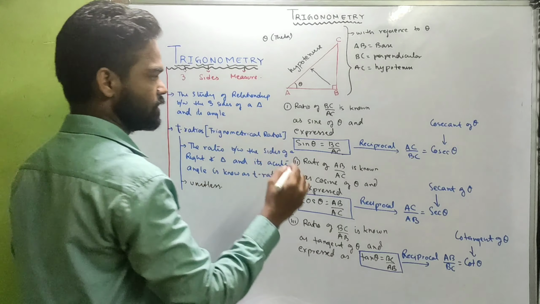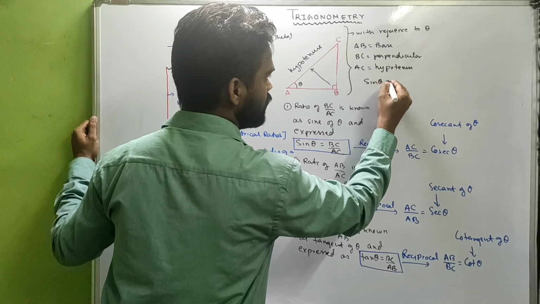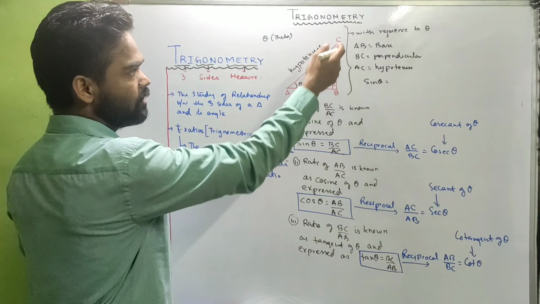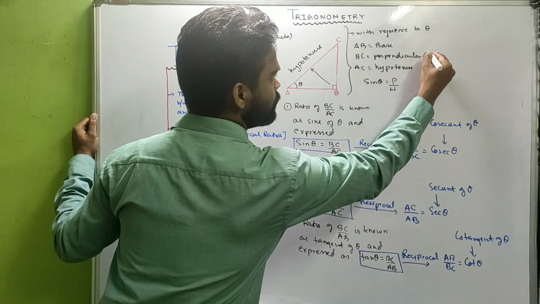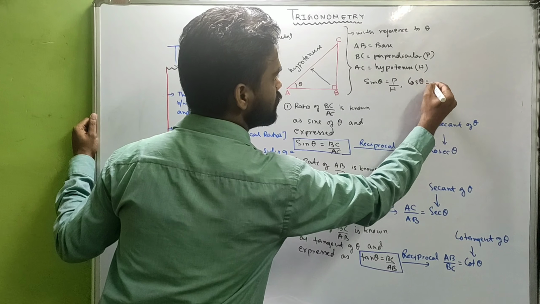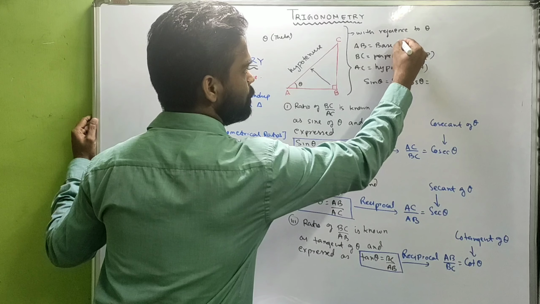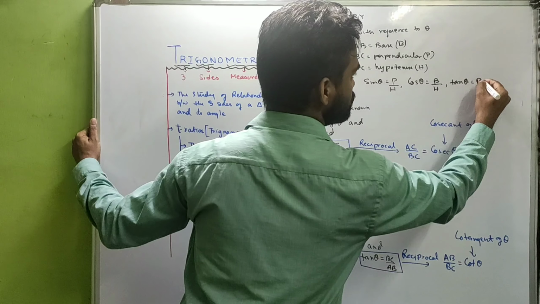Which means I can write, see, sine theta is nothing but perpendicular by hypotenuse. Okay. Then if you look at cos theta, it's nothing but base by hypotenuse. Similarly, tan theta is nothing but perpendicular by base.